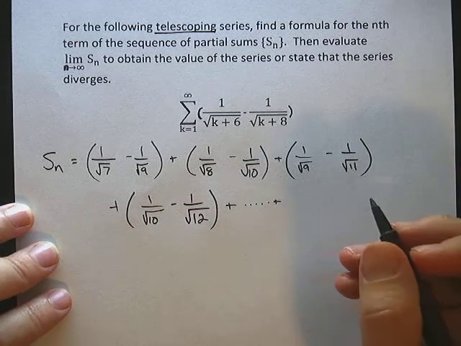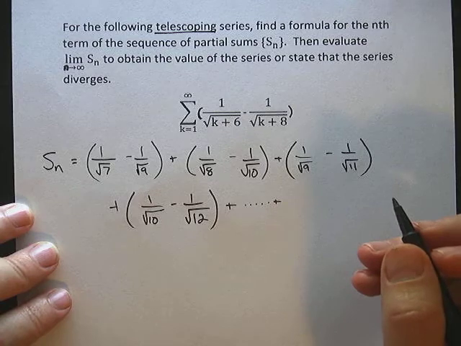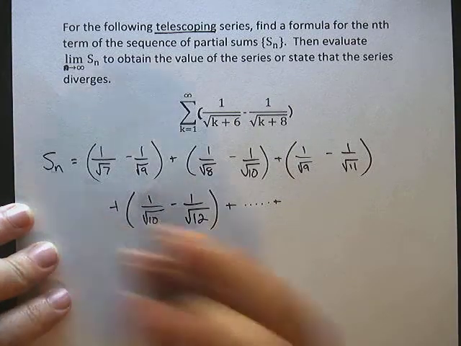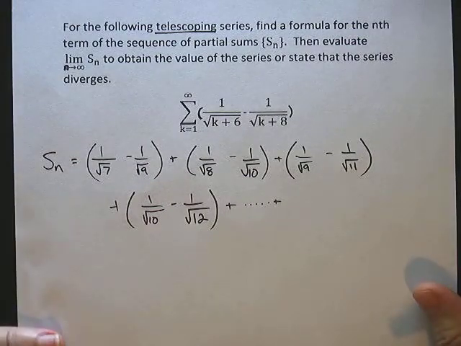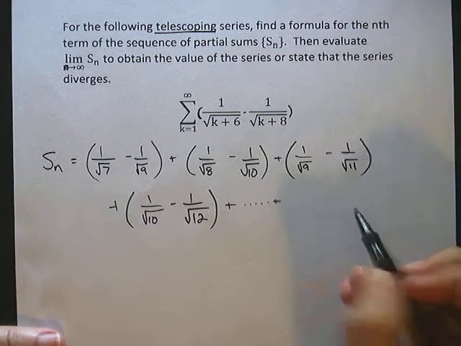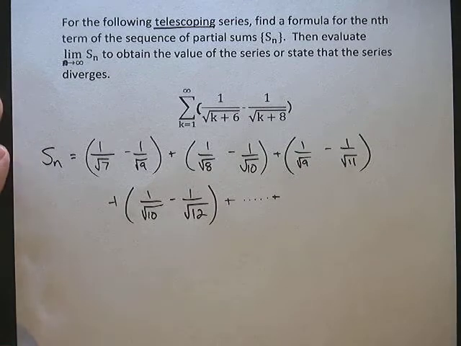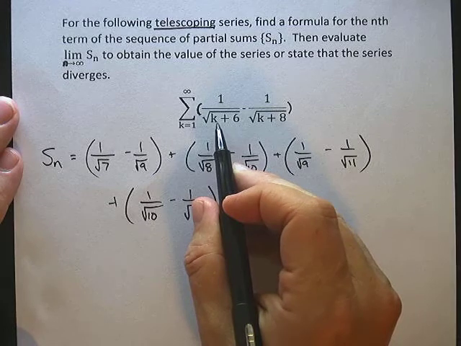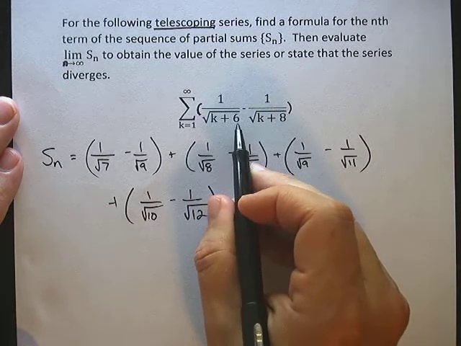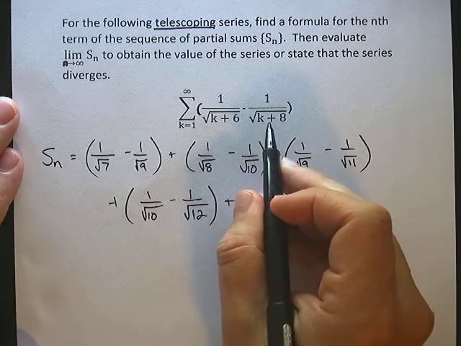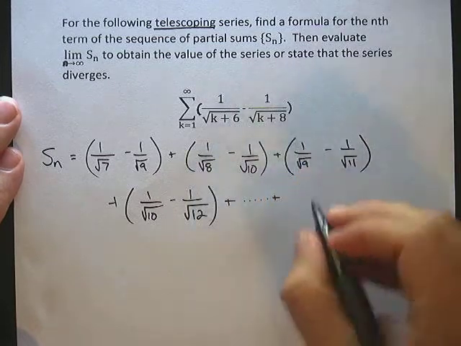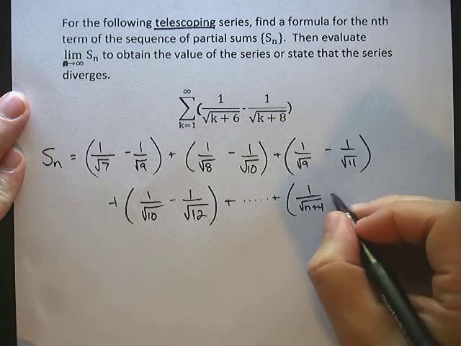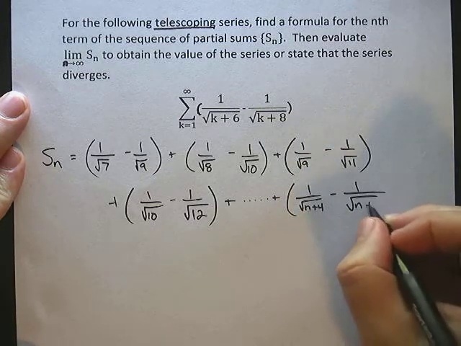So let's say that we plug in an n minus 2, because this is a partial sum series, and we're going to go out to n. So the third to last term, if we plug in an n minus 2 here, would end up being n plus 4, and an n minus 2 here would give us n plus 6. So 1 over the square root of n plus 4 minus 1 over the square root of n plus 6.